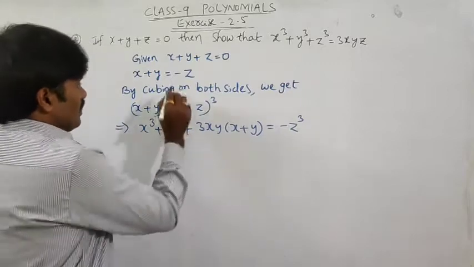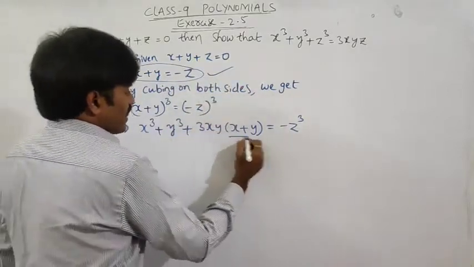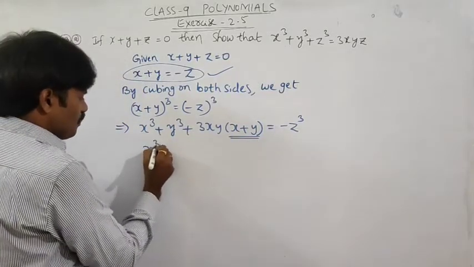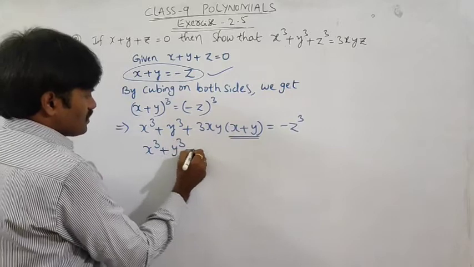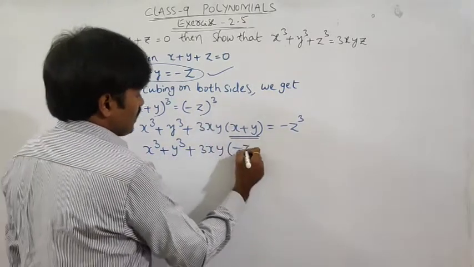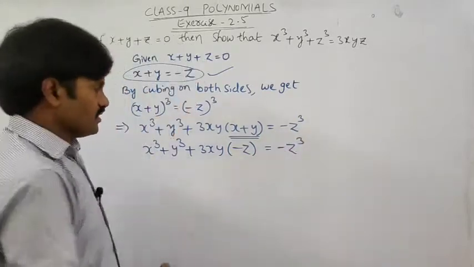But here, x plus y value is how much? Minus z. So I am replacing x plus y by minus z. Then it becomes x cube plus y cube plus 3xy into minus z is equal to minus z cube.